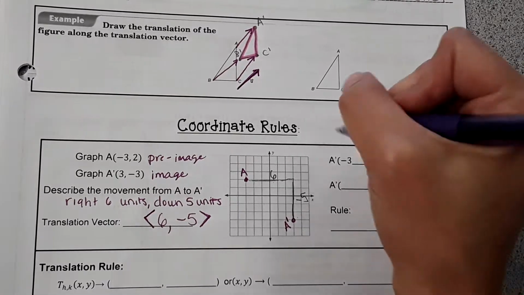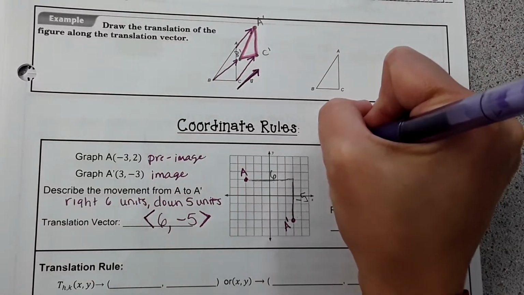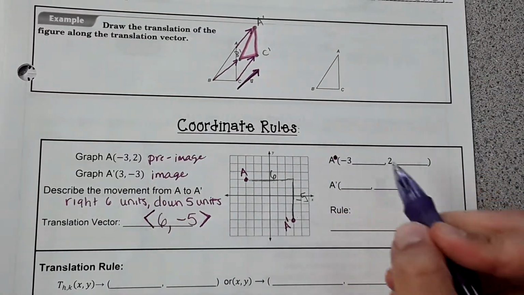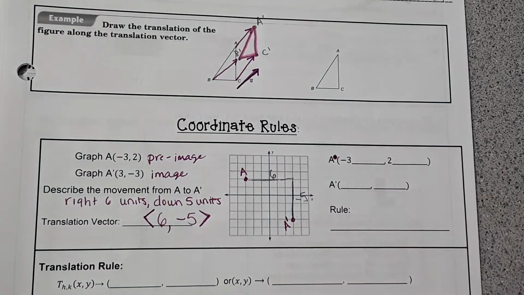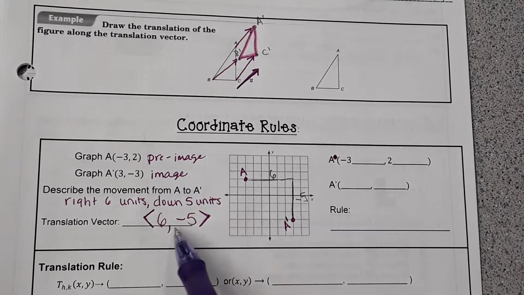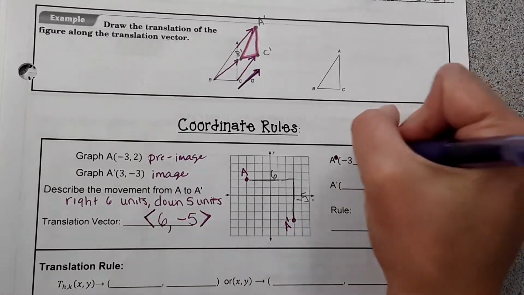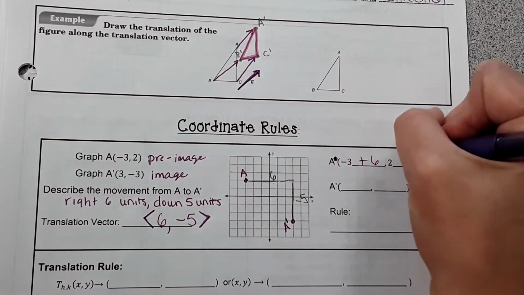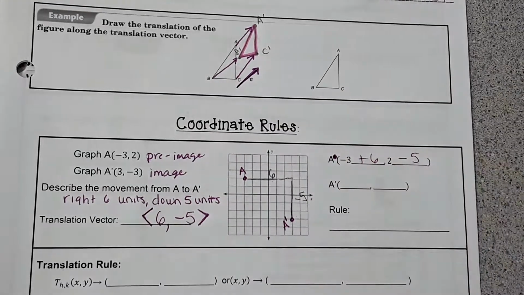Then up here, just scribble out that prime notation. This is just supposed to be point A was at -3, 2. And then we're going to take this vector and actually add it to the point. So +6 and -5.